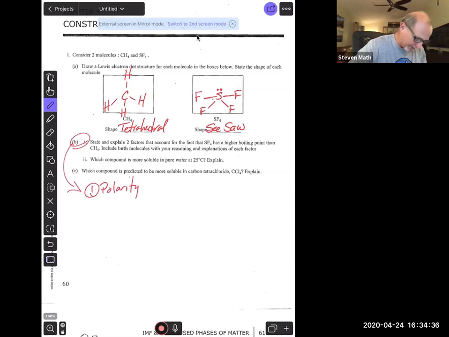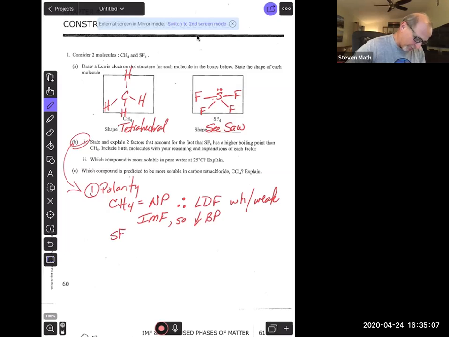And polarity from the standpoint that CH4 is nonpolar, and therefore LDFs, which are a weak IMF, so it has a very low boiling point, whereas SF4 is going to be very polar, therefore dipole-dipole, strong IMF, and a higher boiling point.